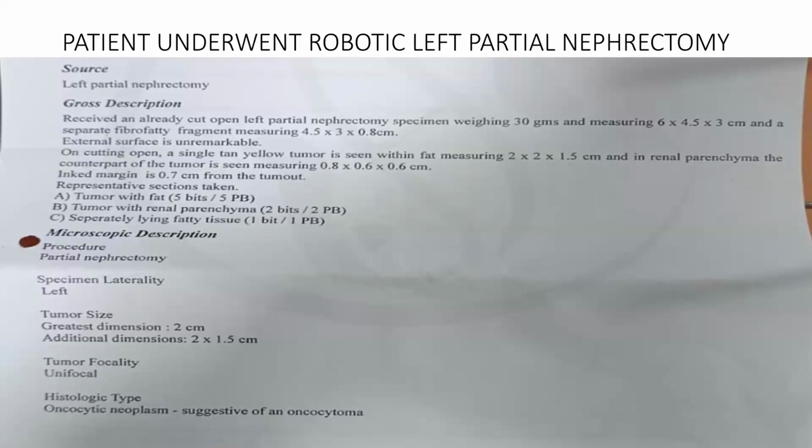On the CT scan we can't differentiate precisely whether it is an oncocytoma or RCC. But there is a central stellate scar on the CT scan, and a spoke-wheel pattern seen on angiography in oncocytoma, as well as in chromophobe RCC.